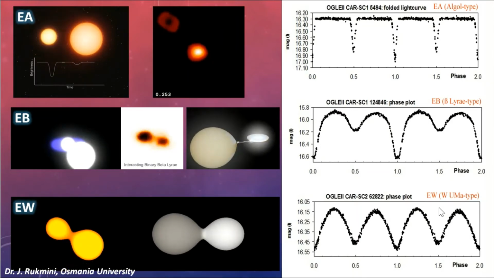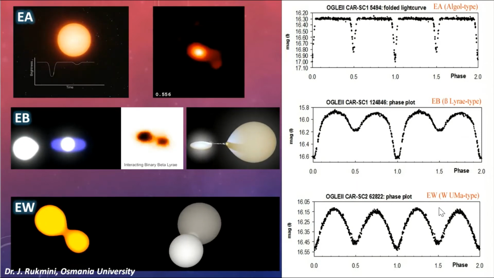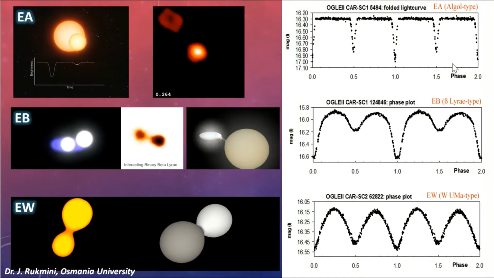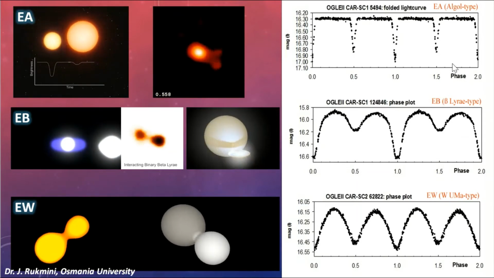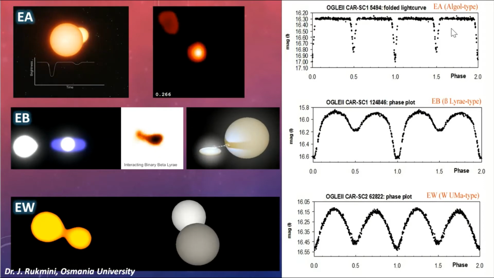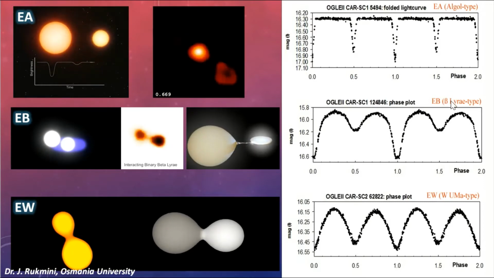Here the classifications, as I said, are named after the prototype. Algol types means they have light curves similar to that of another binary called Algol, similar to W-UMa and beta Lyrae.